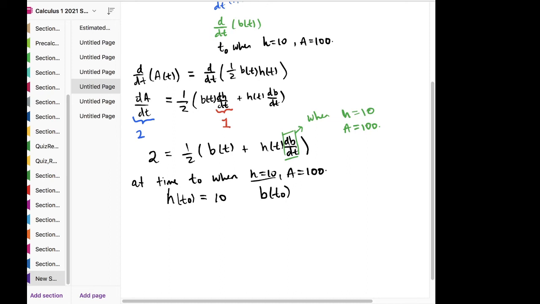We know that A of t naught is equal to 1/2 h of t naught times b of t naught. We know A of t naught is 100. We know h of t naught is 10, and we don't know b of t naught, but we can figure it out. And what is that? 20. Yeah, 20 is equal to b of t.